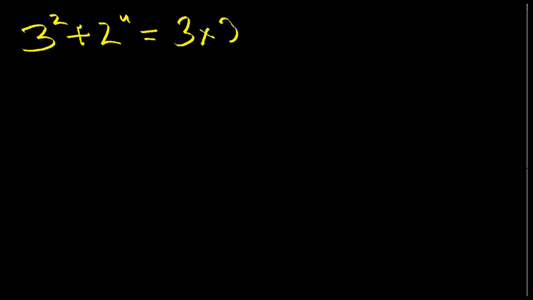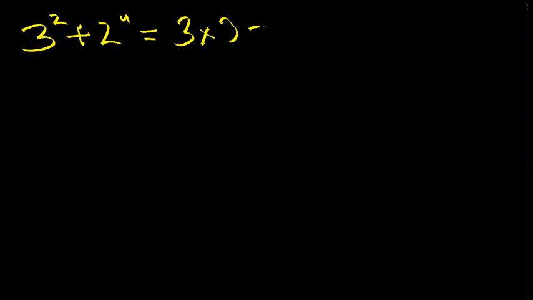This may sound a bit confusing, so a way to remember how many times you're supposed to write down the number is, for example, if we look at 3 to the power of 2, we look at the power, and we write the 3 two times because the power is 2, and it would be a multiplication problem.